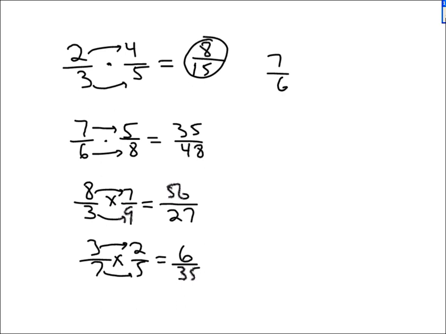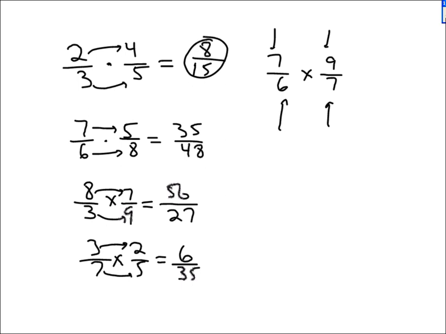You have 7 over 6 times 9 over 7. The two top numbers are 7 and 9, and the two bottom numbers are 6 and 7. Can you think of any number other than 1 that goes into one top number and one bottom number?